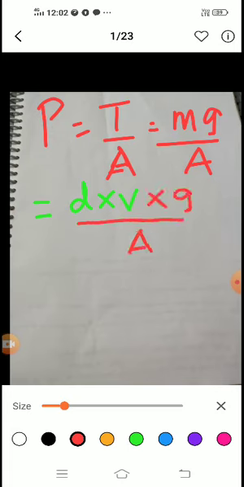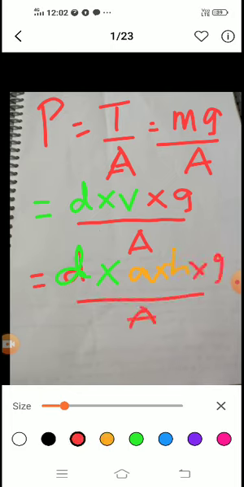Whichever formula I substitute, I will change to a different color. I'll use green. Density into, now for volume I'm going to put area into height, into g divided by area.